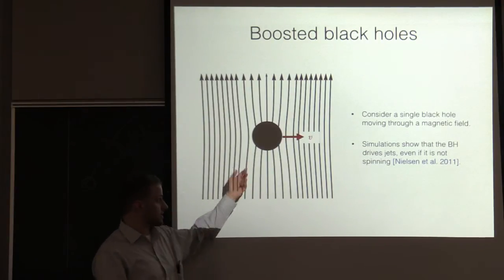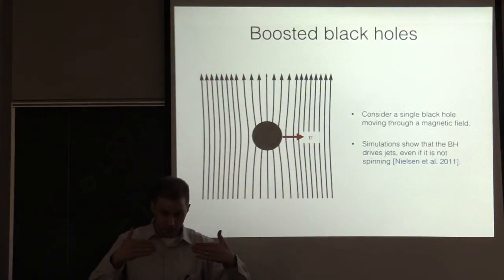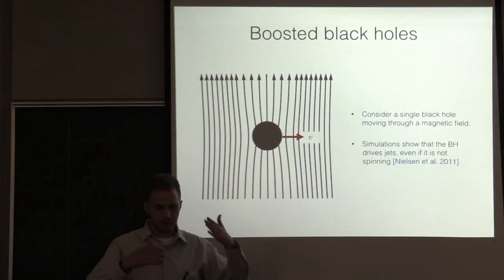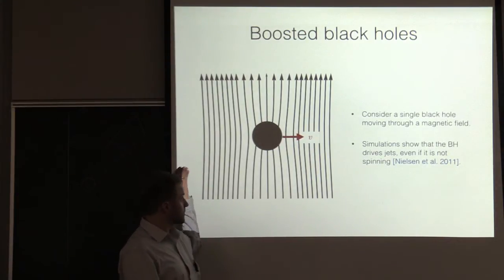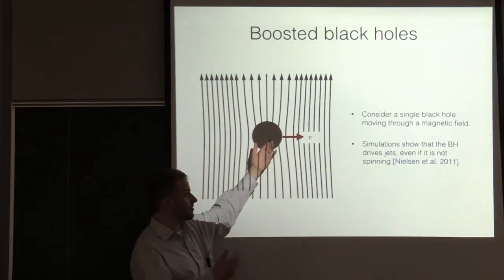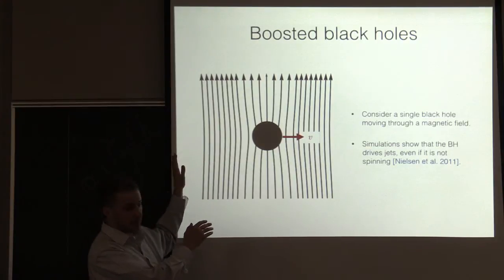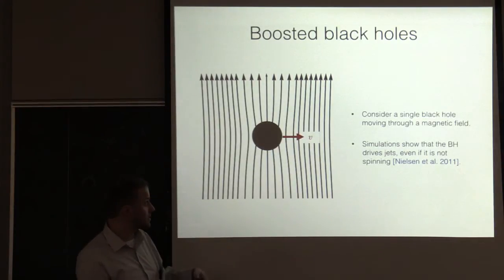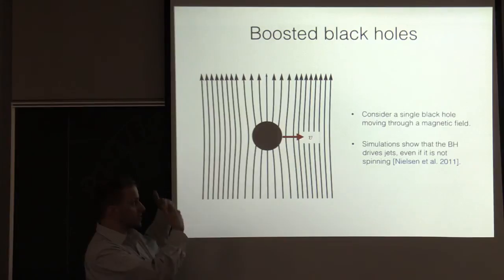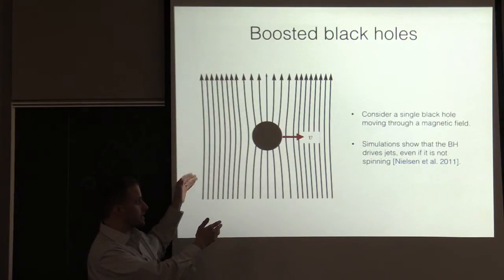You can think about this like we've taken that binary problem and zoomed in on the black hole, so this velocity is like a stand-in for the orbital velocity. But this is a simpler problem that you could hope to tackle analytically before moving to simulations, and it hasn't been tackled analytically, so I spent time thinking about that over the past couple of years.